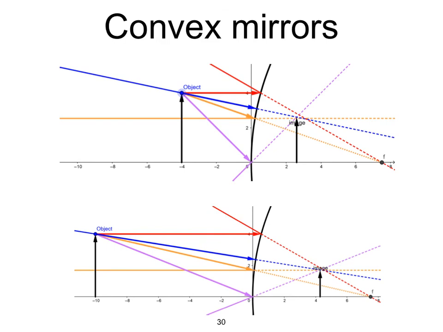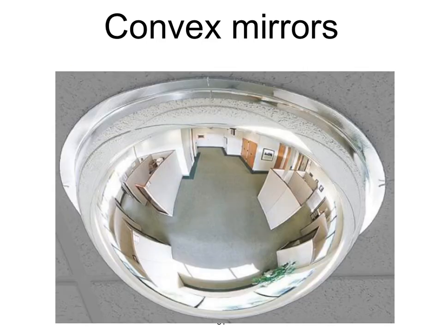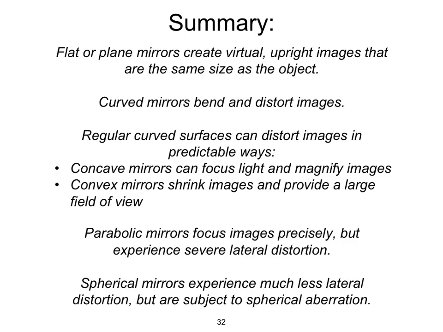You can have convex parabolic mirrors as well, applying the ideas of parabolic concave mirrors to the convex side, just as we did here for spherical mirrors. Because convex mirrors can form images from a very wide field of view, they are often used for security, allowing store owners or front desk personnel to see entire rooms with a glance. They are also often used at corners and intersections to allow drivers to see around obstacles.